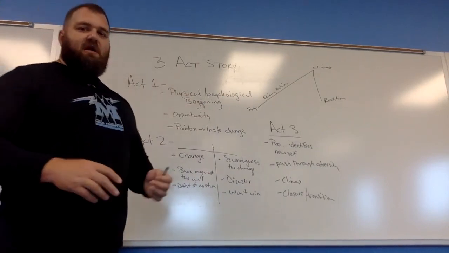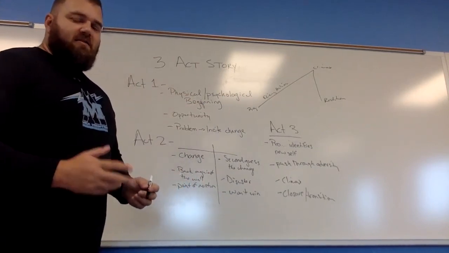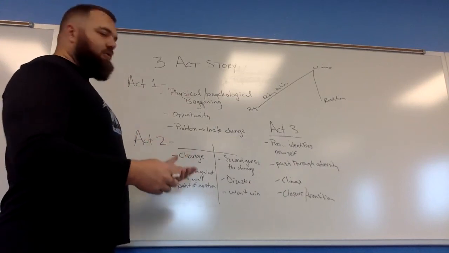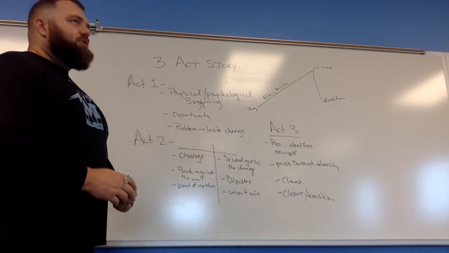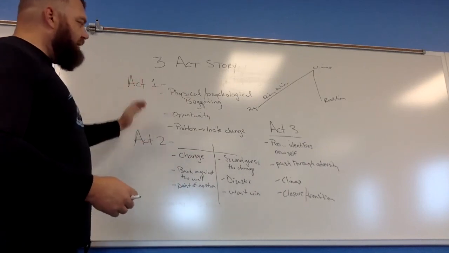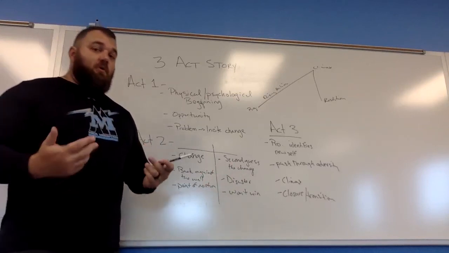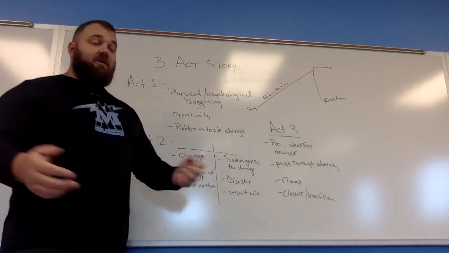This is just kind of some basic ways to plot, establish what your story is going to look like. What does Act 1, 2, and 3 look like for you and your story, whether it's a short story, a book, a series.